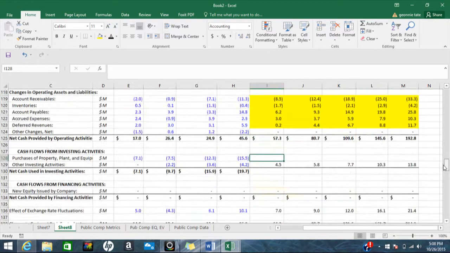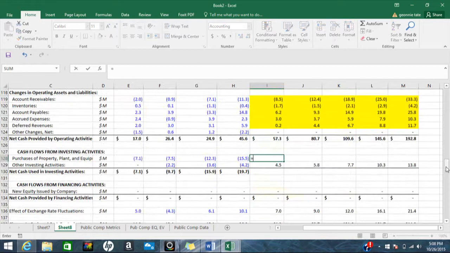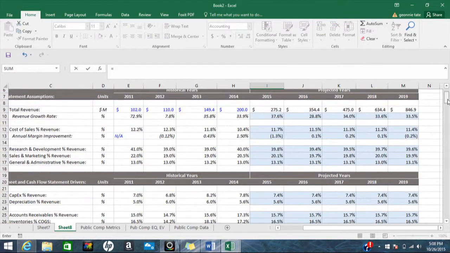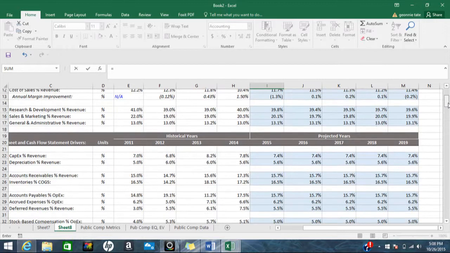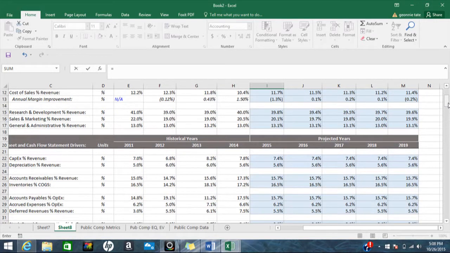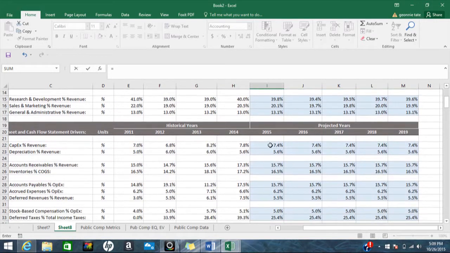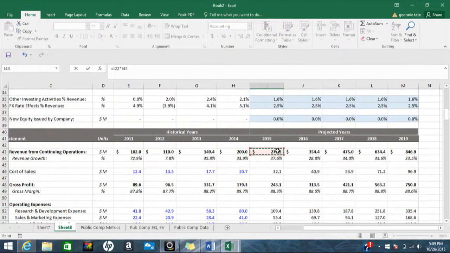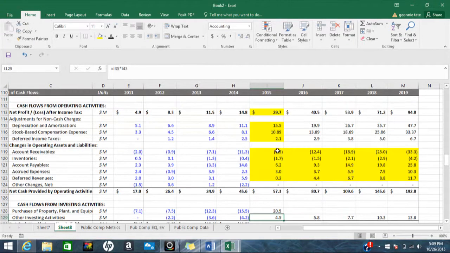Okay, looks like I made a mistake earlier. I'm supposed to take my PP&E from here. Multiply it by revenue. Need to make that a negative.